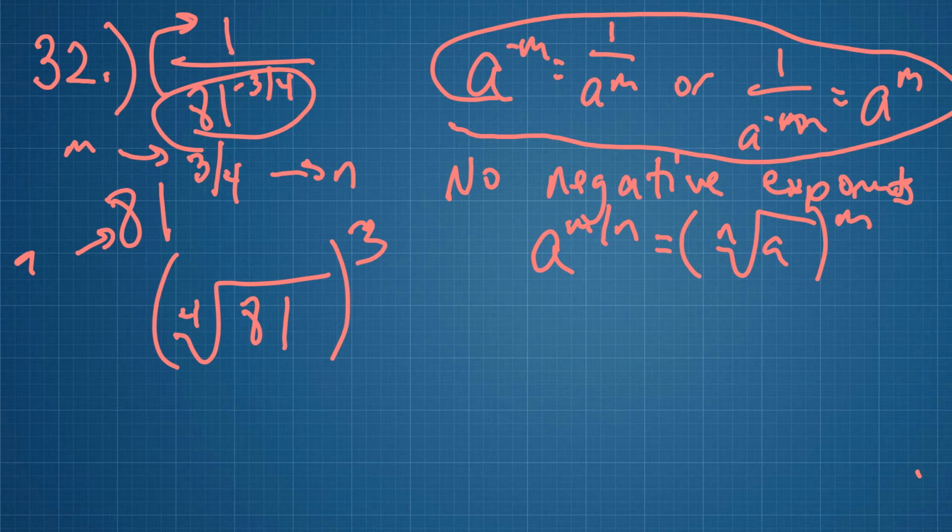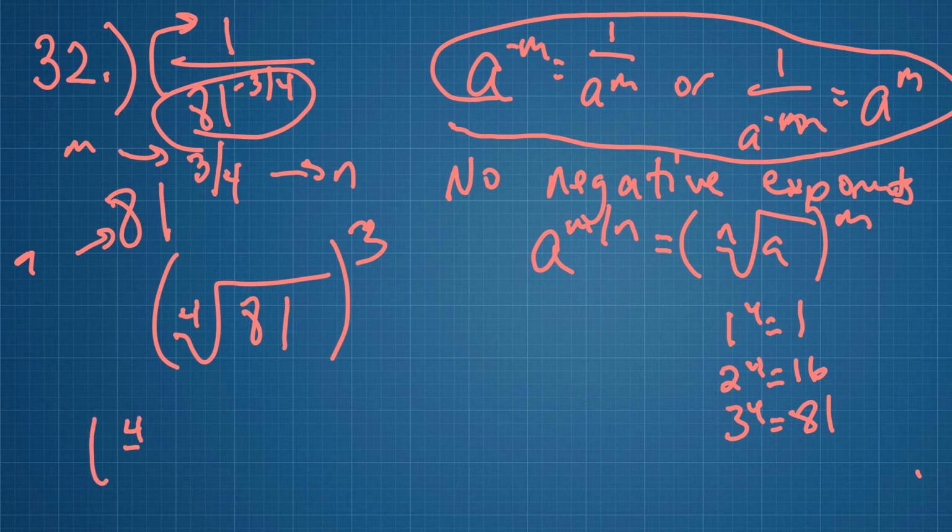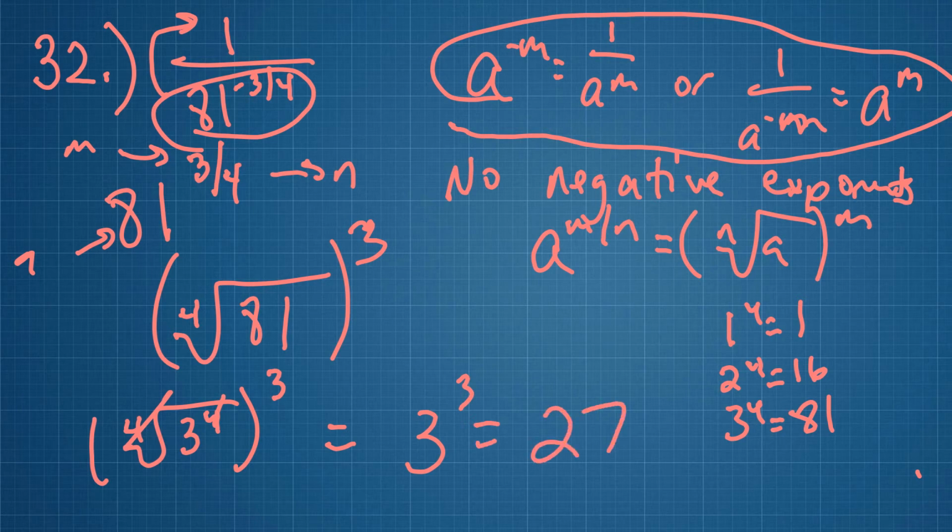If I go through 4th powers, 1 to the 4th is 1, not going to help me. 2 to the 4th is 16, not going to help me. 3 to the 4th is 81, that's going to help me. So I take 3 to the 4th and I replace it with 81, so I get the 4th root of 3 to the 4th all to the 3rd power. The little 4's cancel. You're left with 3 cubed, which is 27. That's your final answer.